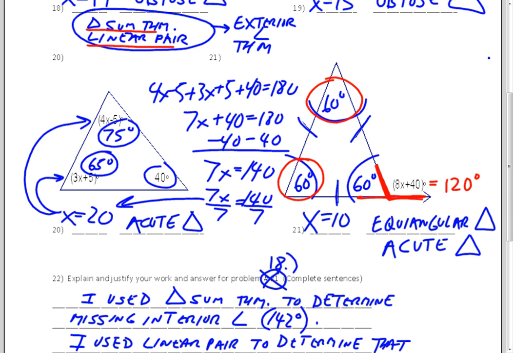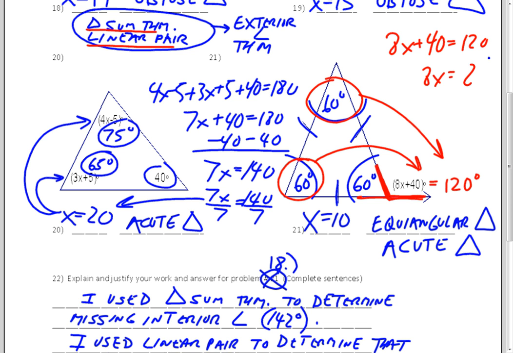What's 60 plus 60? 120. So you can go through the process of looking at all of the interior angles and then doing linear pair, or you could just notice that these two always equal the exterior angle that they're not adjacent to. If you solve that, 8x equals 80, 8x divided by 8, we end up with x equals 10.